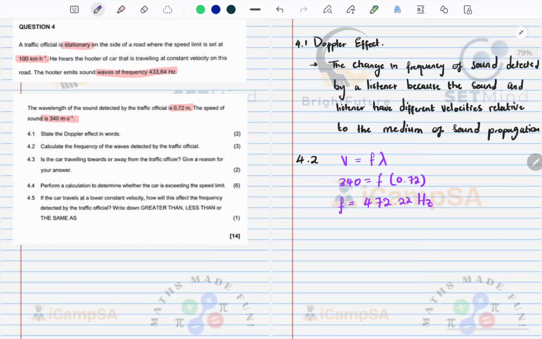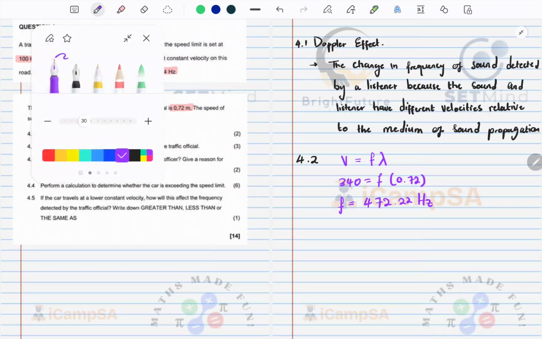And then you can see that the hooter emits this frequency, the frequency of the wave that is emitted by the hooter. But now the traffic official is detecting 472. Okay, now is the car traveling towards or away from the officer?